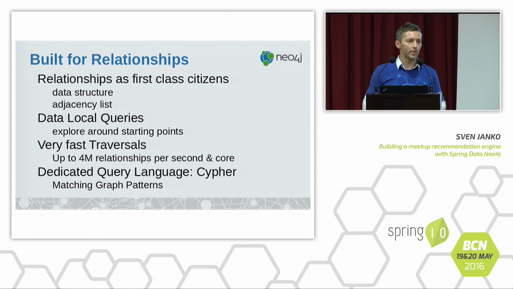So just to name a number here, we can make up to 4 million traversals within a second once you have your entry point. And that I think is huge, because just try that in a relational database. I don't think you will make that with joins and so on. That's almost impossible. And we've just learned, in fact, the first query in Cypher. So Cypher is the query language we are using for querying our data. We will see that later on in much more detail.